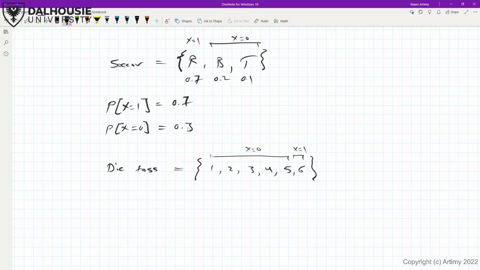So now the probability of success in this case is P of x equal 1, and the probability of getting 6 is 1 over 6, and the probability of failure is 5 over 6.